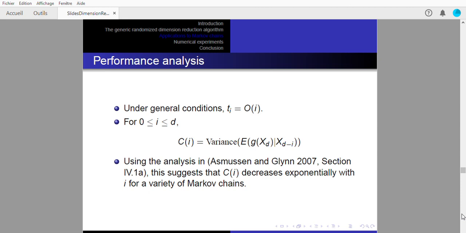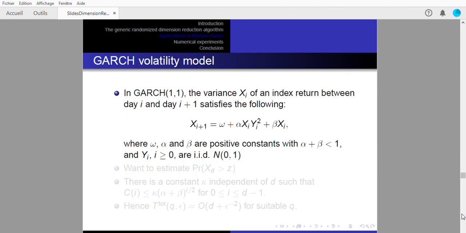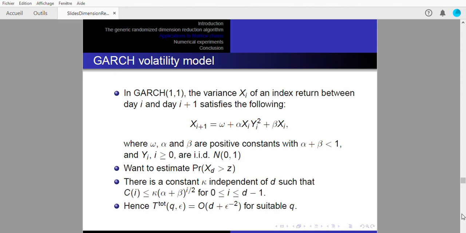And there is a simple expression for Ci in this case. And using the analysis in the book of Asmussen and Glynn, the analysis suggests that Ci decreases exponentially with i for a variety of Markov chains. So we can apply our results. We have some examples. In the paper we apply this result to the GARCH model, and we show that the Ci's are exponentially decreasing with i.